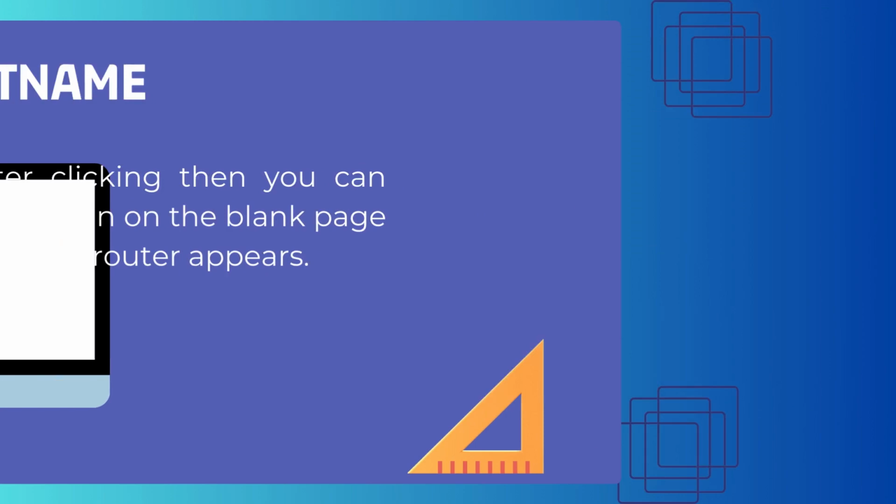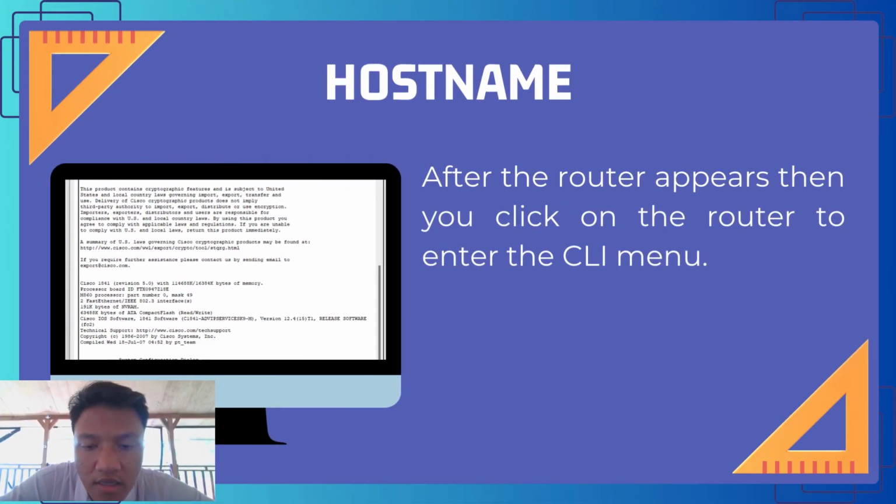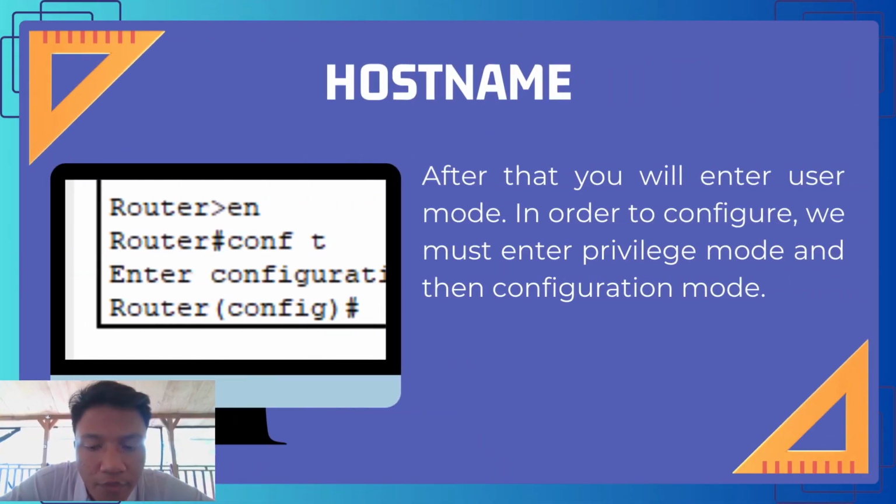And after the router appears, you can click it and then go to the CLI menu or command line interface, and then you get into the user mode, and then you have to change your mode to the privilege mode, and then after that to the configuration mode. How to get into the privilege mode?